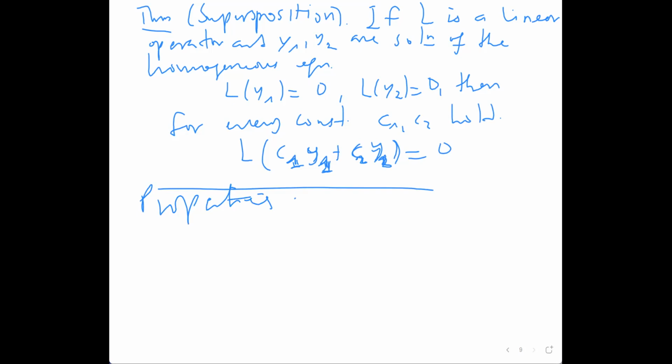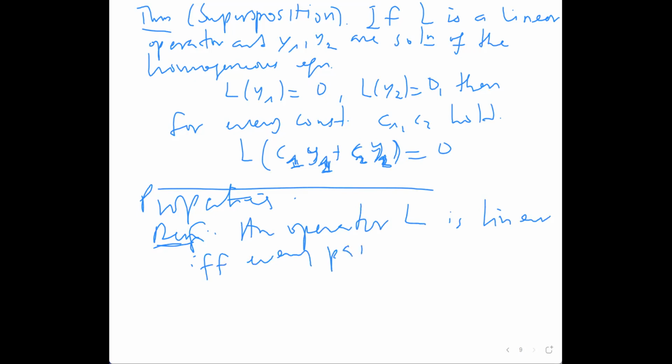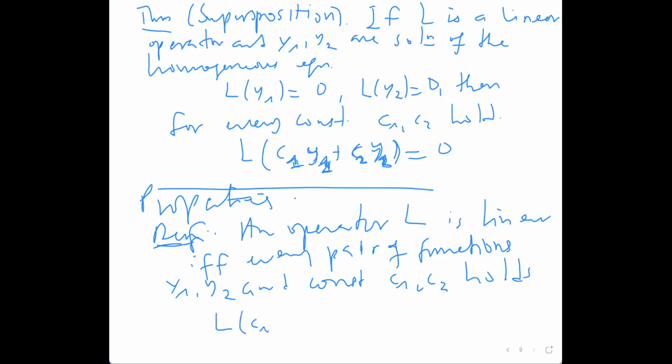The definition: if you have an operator L, then we say that it is linear if and only if for every pair of functions y1, y2, and constants c1, c2, it holds that L of c1 y1 plus c2 y2 should be equal to c1 L y1 plus c2 L y2.